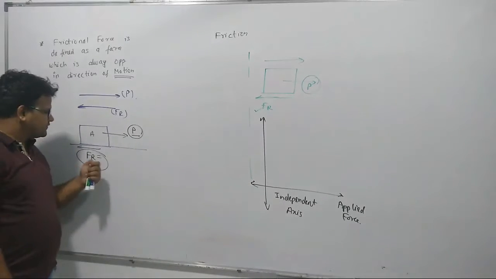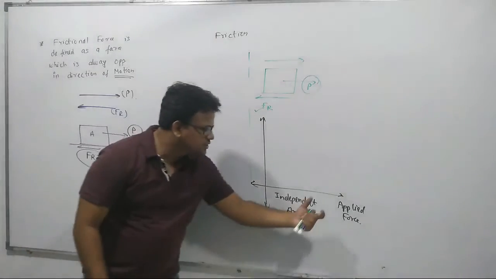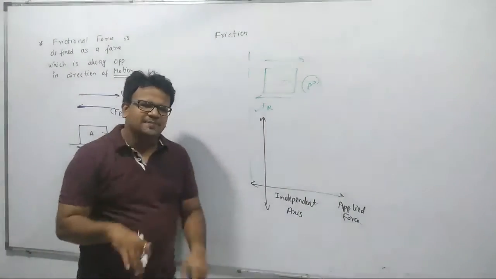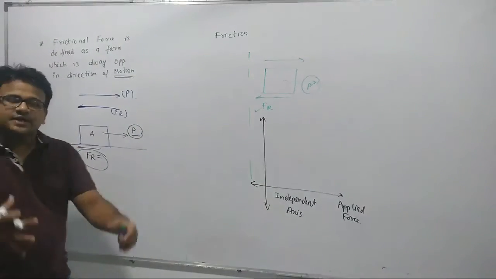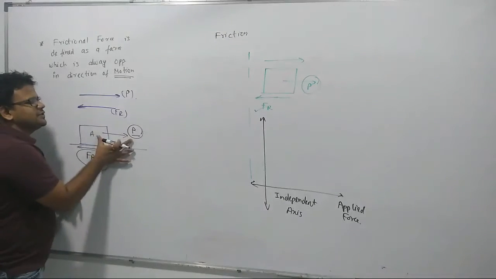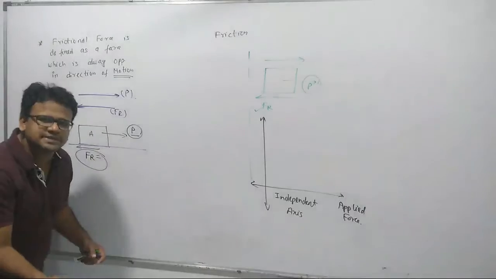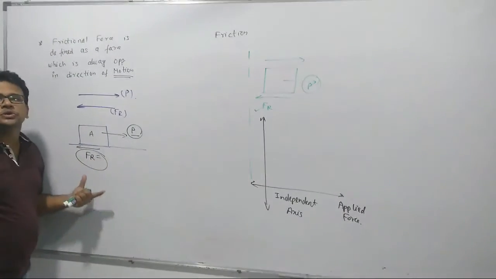So this frictional force is directly proportional to the applied force. What happens exactly? If we have a body A and we are trying to apply a force, the magnitude by which this applied force increases, the same magnitude by which the frictional force also increases.